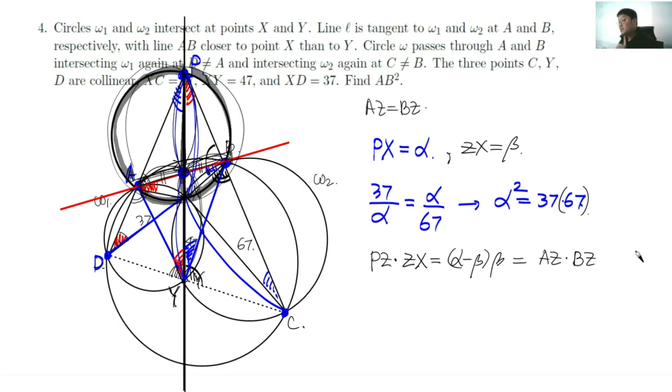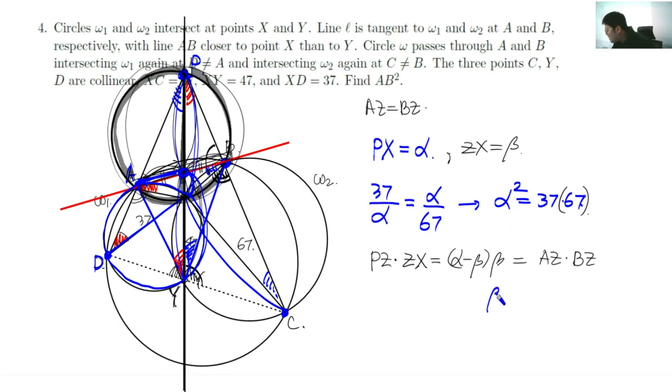But there's another way to see AZ times BZ too. How on earth do we check this? We know that from this circle's perspective, AZ squared equals ZX times that much, which is Y minus X. So alpha minus beta. Is this alpha minus beta? Yes.